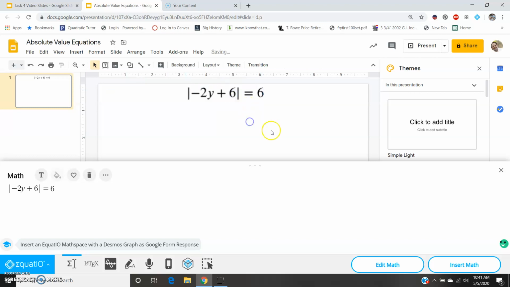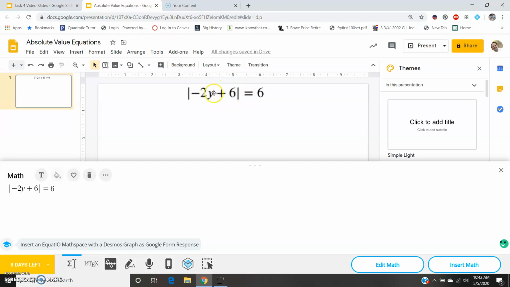Now, with absolute value equations, when you're solving them, there's a couple of things you want to understand. The first, and I think the most important piece, is that when you're dealing with absolute value, I like to say: this expression in here, if I can find out what makes this 6, and if you think ahead, negative 2 times 0 is 0, which makes all that's left is 6.